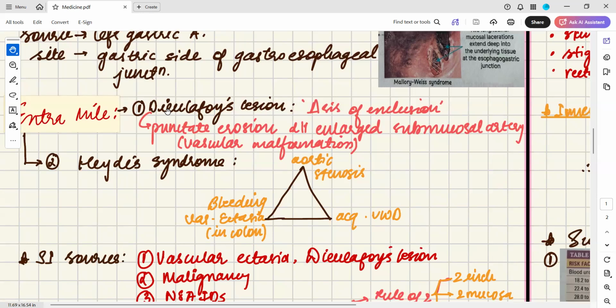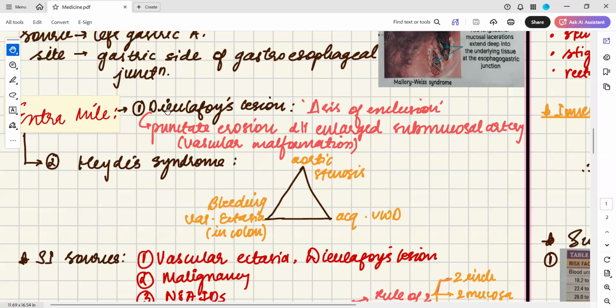Normally the artery supplying the stomach is present on the serosal part of the stomach, but in Delafoy's lesion, due to some vascular malformation, the arteries are present in the submucosal area. So there can be punctate erosions due to an enlarged submucosal artery.